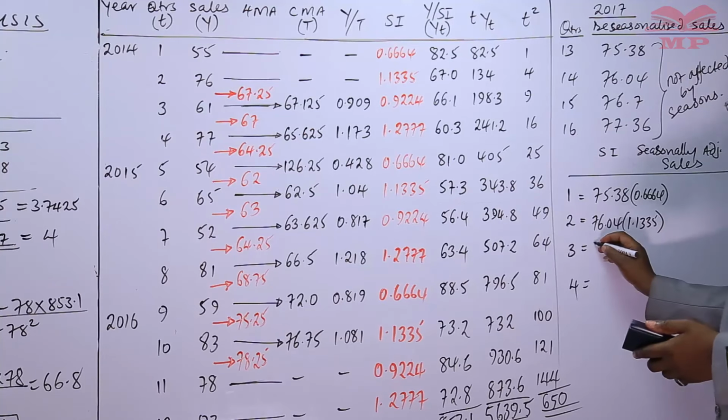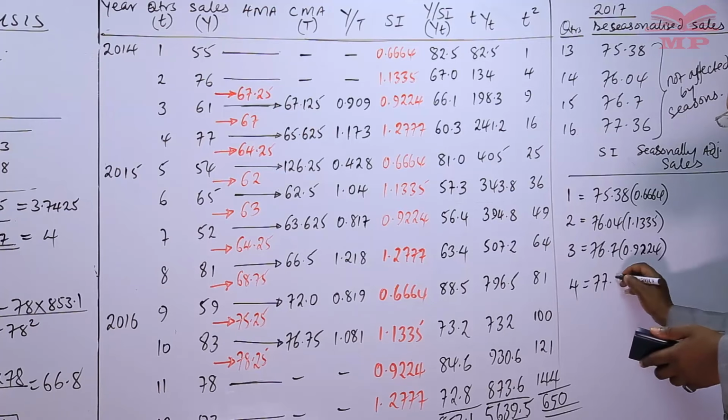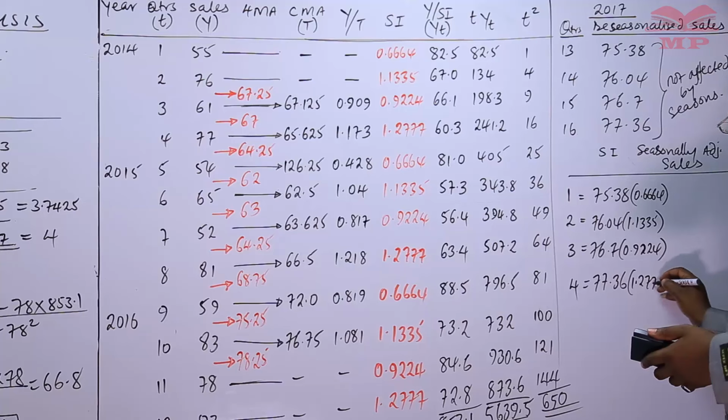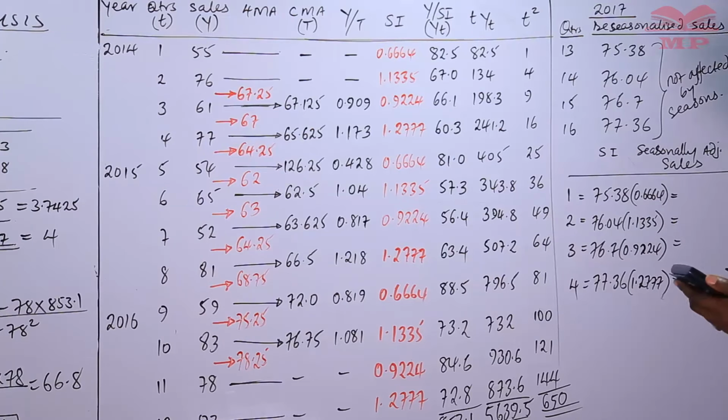Then 76.7, I multiply by 0.9224, and then 77.36, I multiply by 1.2777. So our seasonally adjusted sales of cars shall be as follows: 75.38 multiplied by 0.6664 gives us actually 50.2 cars.